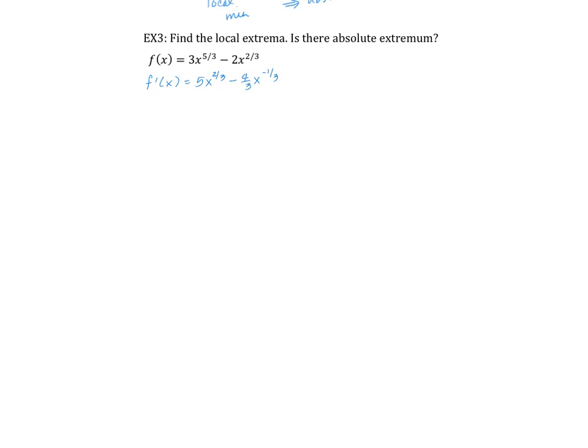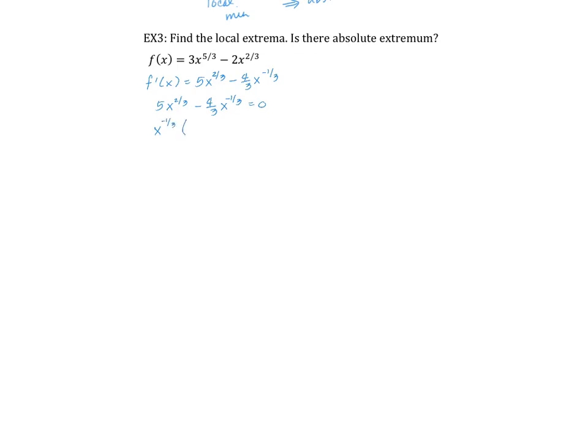Now, I'm supposed to figure out where this first derivative is undefined or where it's 0. So I'm going to set this equal to 0 first. I notice that there's an x in both terms. You don't have to do it this way, but I'm just going to factor out the common x, choosing the smallest exponent, negative 1/3.